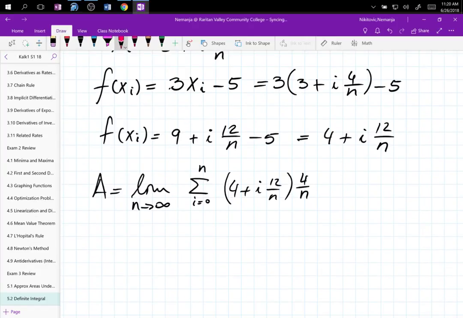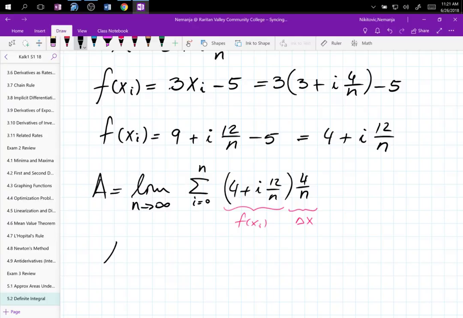So I'll just decipher this. This is your f of xi, and this is your delta x. So we just plugged everything into the formula. Once you have everything in the formula, you just need to compute this and compute the limit. You're done, right? The number you get at the end will be the area under the curve.